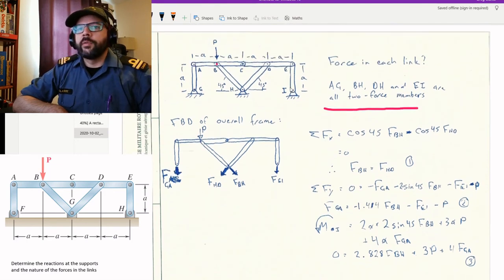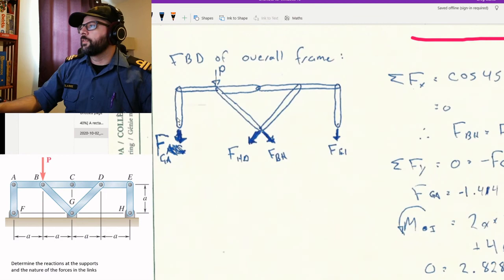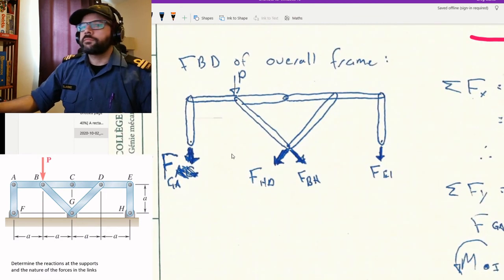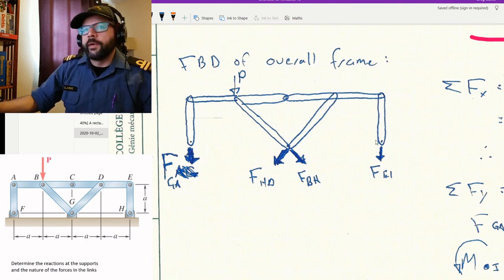So I went and drew a free body diagram of the overall frame. Again, if we start with our default assumption that the 2-force members are under tension, then in order to do that, we'll need to be pulling on the 2-force members.